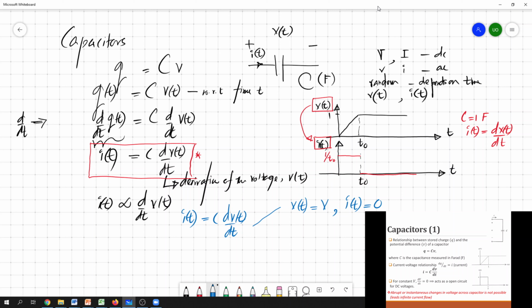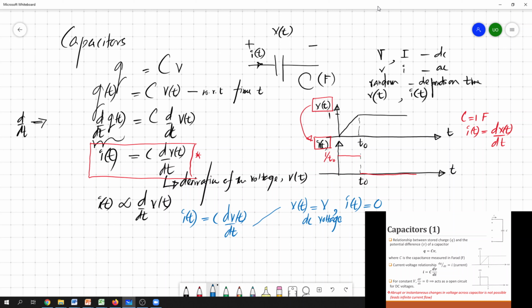So it means if you are applying a DC voltage, you can't see any induced current across the capacitor. It means if you have a capacitor, you can't see any current flow through the capacitor.